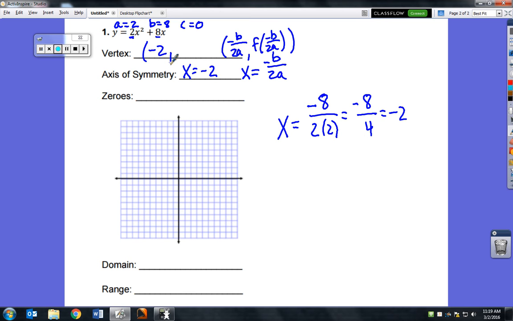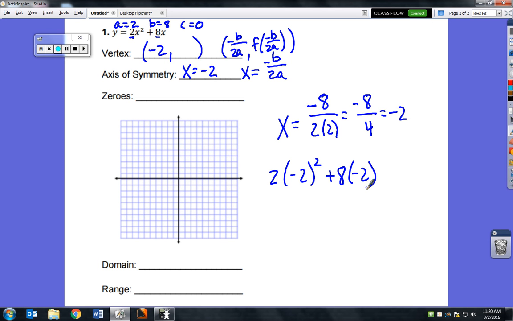That is the first part of my vertex. I'm going to take negative 2 and plug it into my quadratic function in order to find the y value, the rest of the vertex point. So I'm going to have 2 times negative 2 squared plus 8 times negative 2. If you plug this into your calculator exactly as you see it, you're going to get your answer.